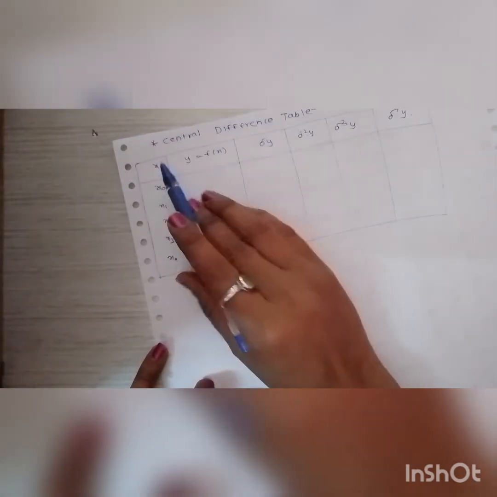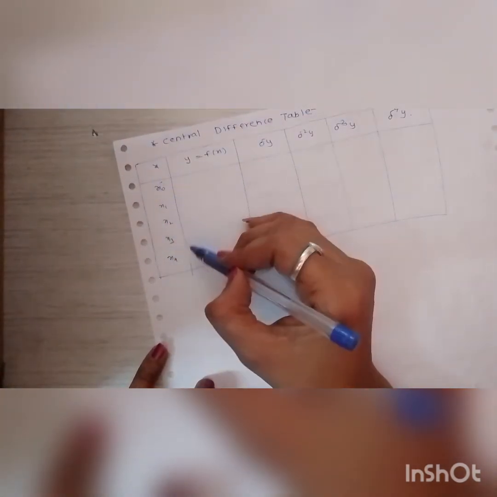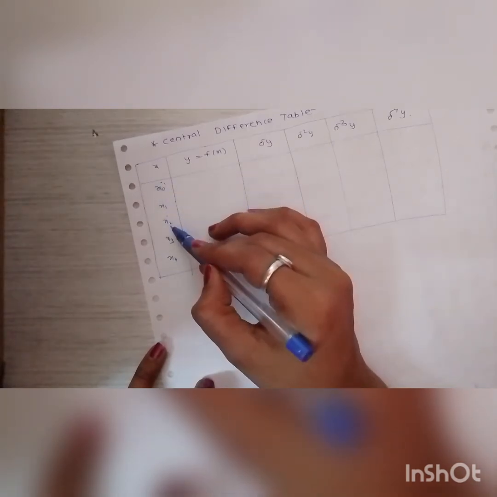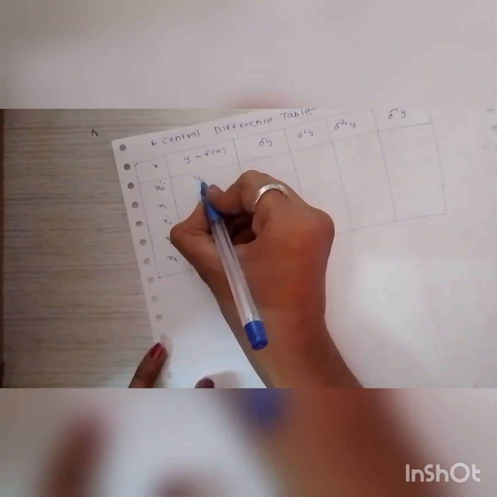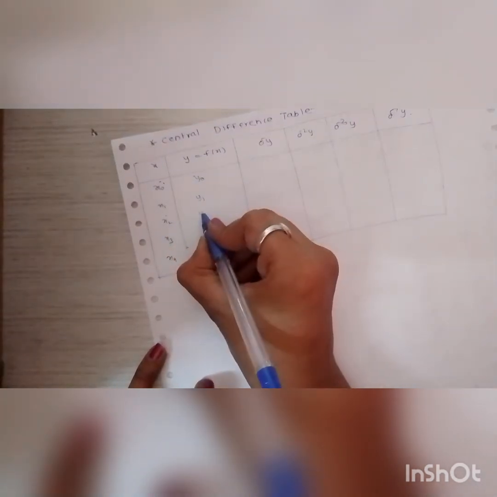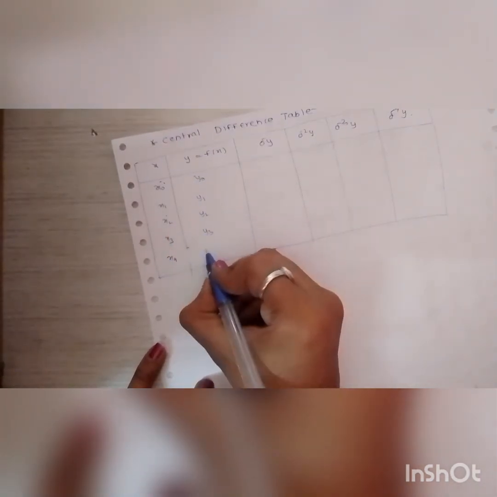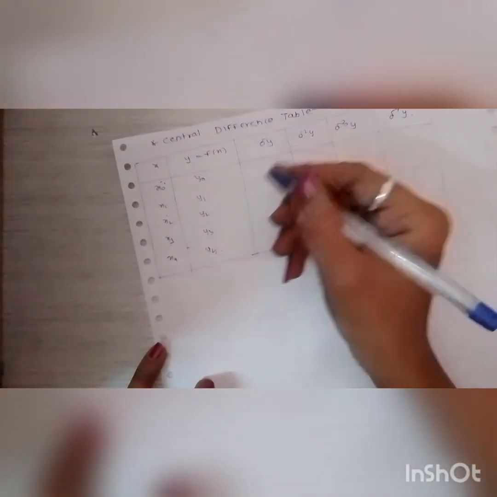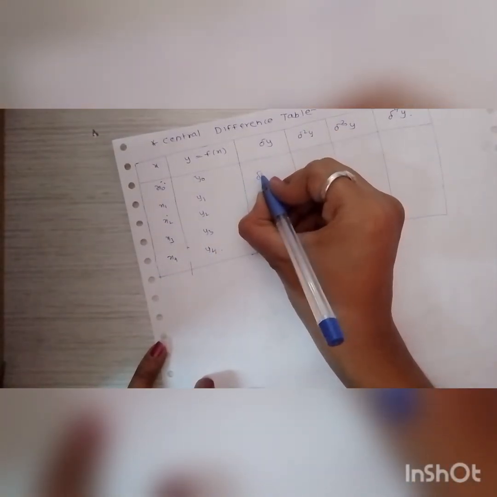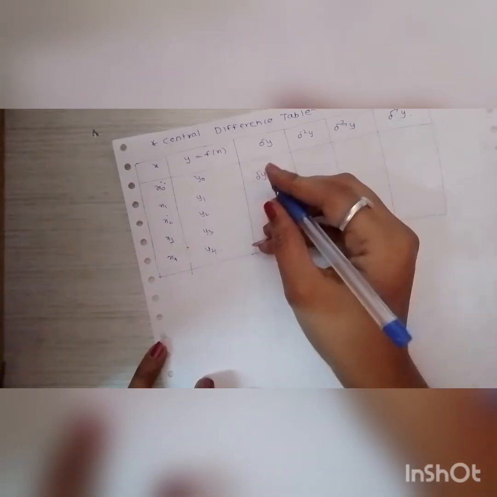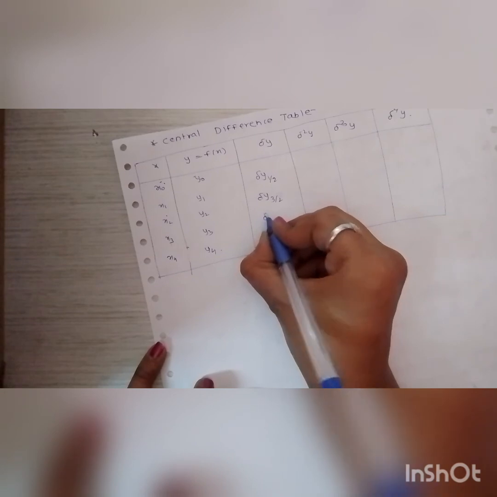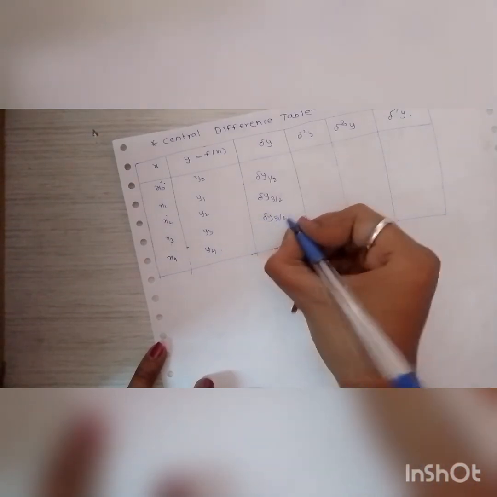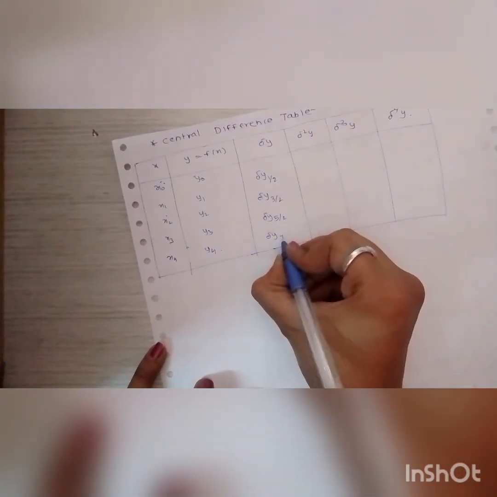Now the central difference table: the values of x as x0, x1, x2, x3 and x4. From this we calculate the values of y0, y1, y2, y3 and y4. Del y half, del y 3 by 2, del y 5 by 2, del y 7 by 2.